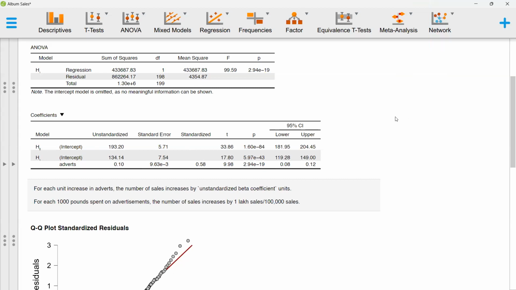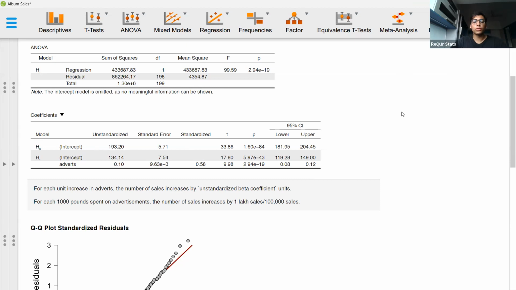So JASP does not assume all those basic things. You have to consider all of those manually, and then based on your subjective judgment, you have to conclude causality. Causality is extremely difficult to prove. Association is relatively easier to prove.